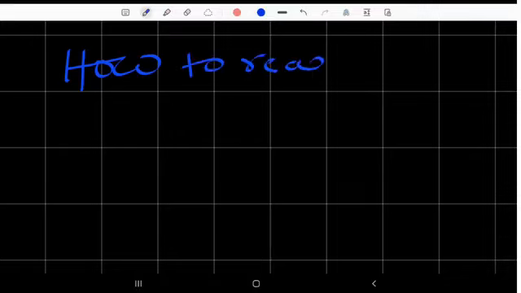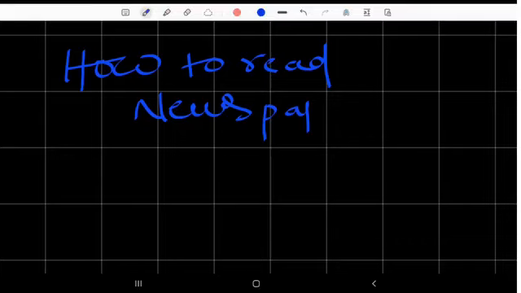Today we are going to discuss how to read a newspaper from the perspective of UPSC.